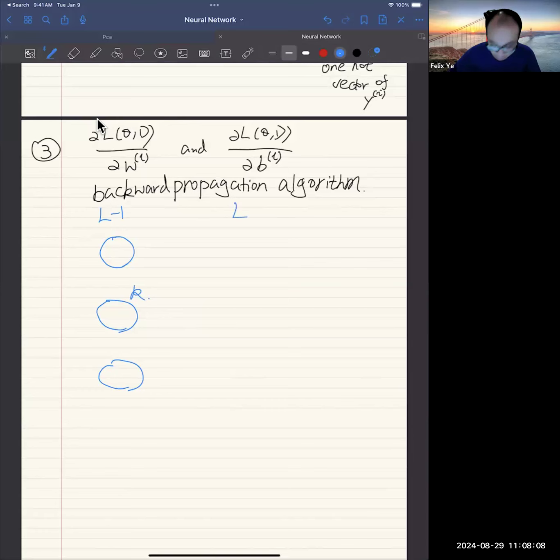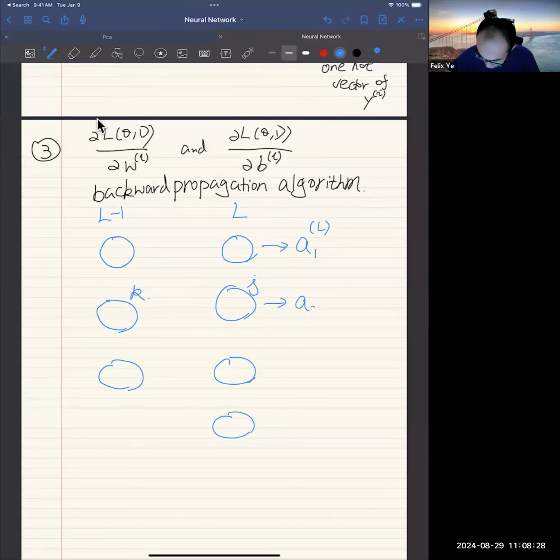We have a layer L, and say this is neuron j. Then the outputs will be a_1^L, a_2^L, and so on. The weight from here to here is W_jk^L, and we have a bias which is b_j^L.